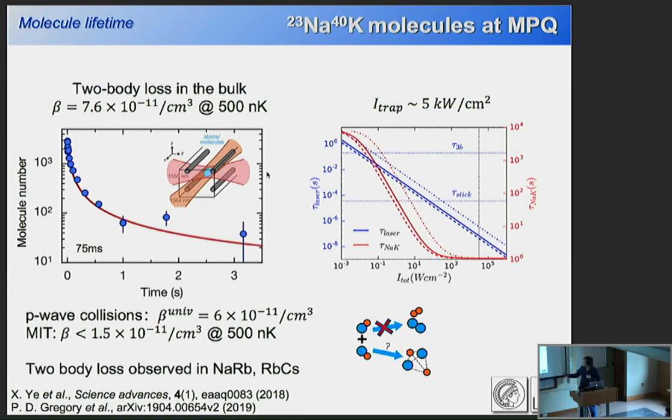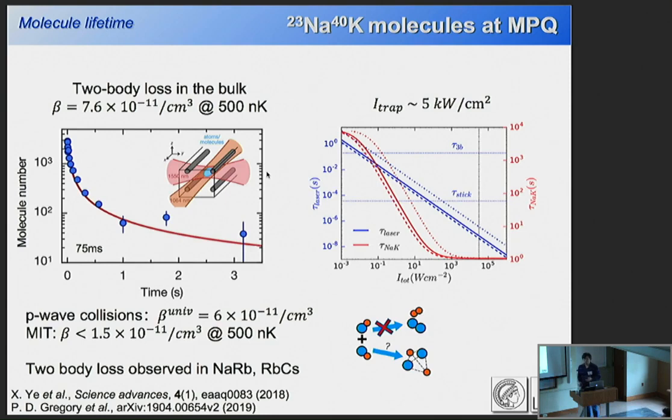I just want to say, because of Tijs' talk, he gave the lifetime of molecules versus the trapping light intensity. Our trapping light intensity is about here. So, if this is true, it's still light excitation dominated.